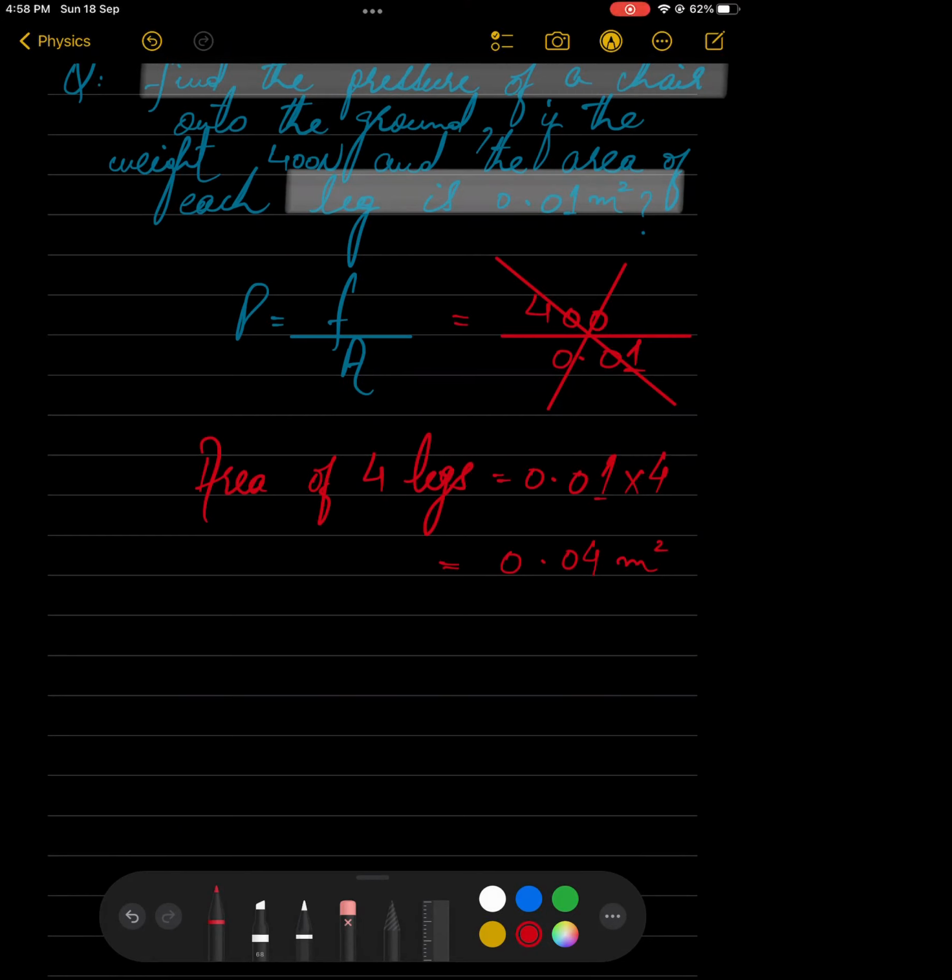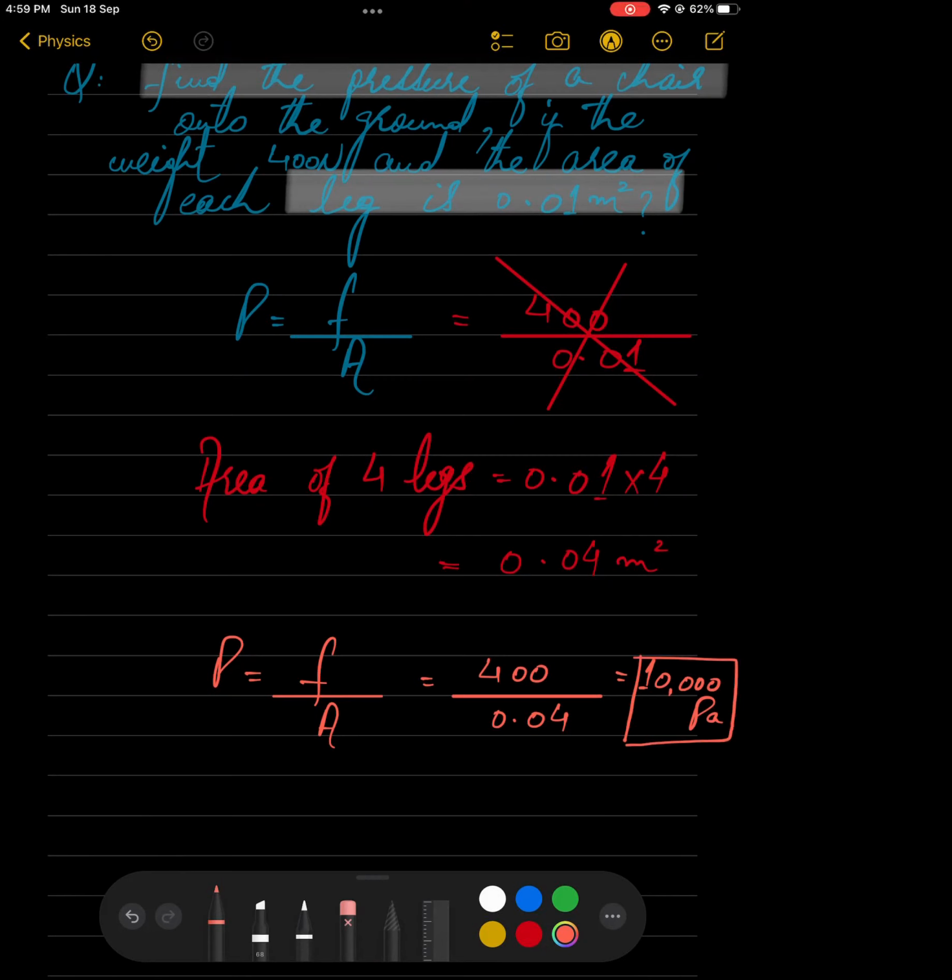Can anyone of you tell me the value of pressure over here? Yes, we have got the answer as 10,000. So it is 400 over 0.04. The answer turns out to be 10,000. Do not forget to write the unit, which is pascals.